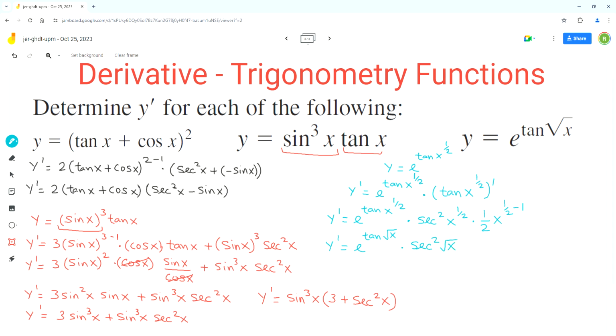In the exponent of x, half minus 1 is negative half. In the next step, we can move the x term to the denominator to make its exponent positive.